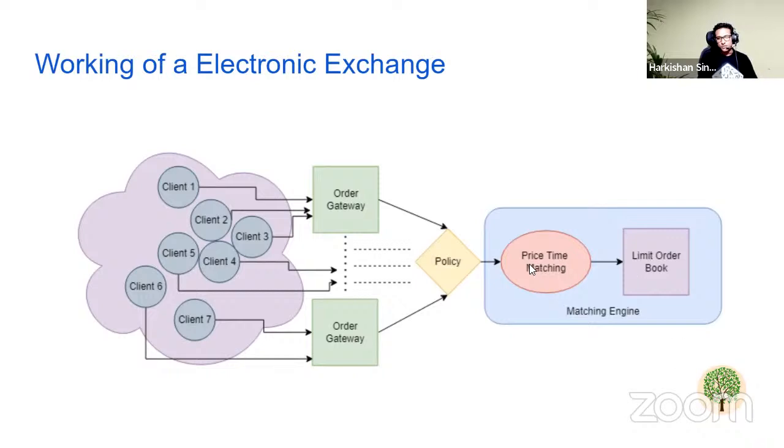So here you see there is something called price-time matching. Most exchanges use price-time matching. So what is that? Suppose you send in an order and your friend sends in an order, and you send yours a second before your friend. Both of you are buying 100 quantity of some stock, at the same price, suppose $100 again. Since you sent it a second faster than your friend, your order will get executed first, no matter what.